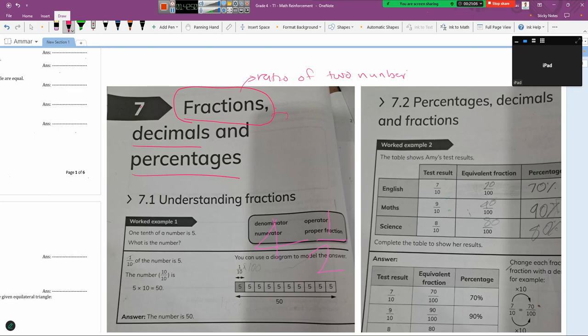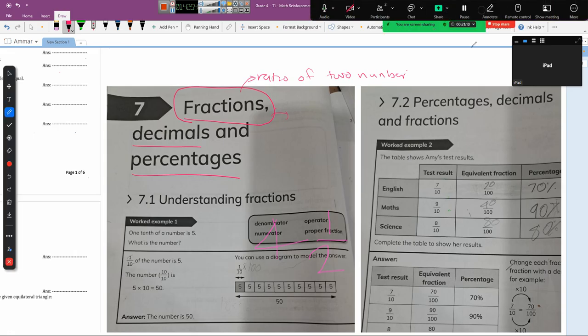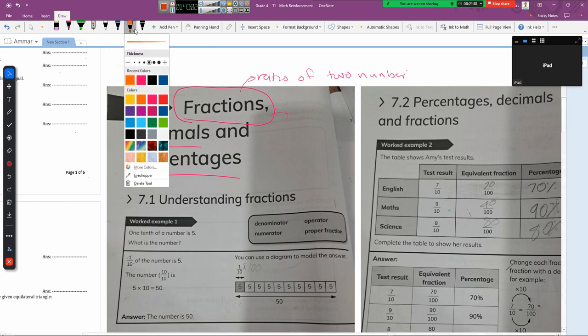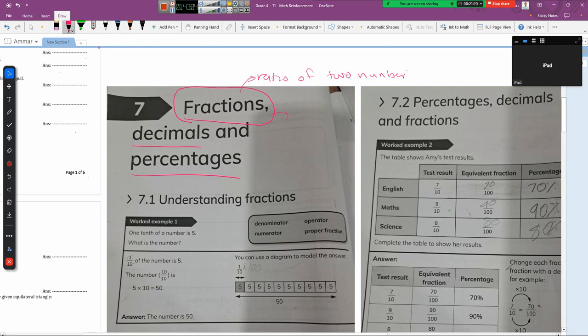Here you should know these things. Can you just erase these annotations? Right. So here, what is the denominator? The down number, by which we divide the number.